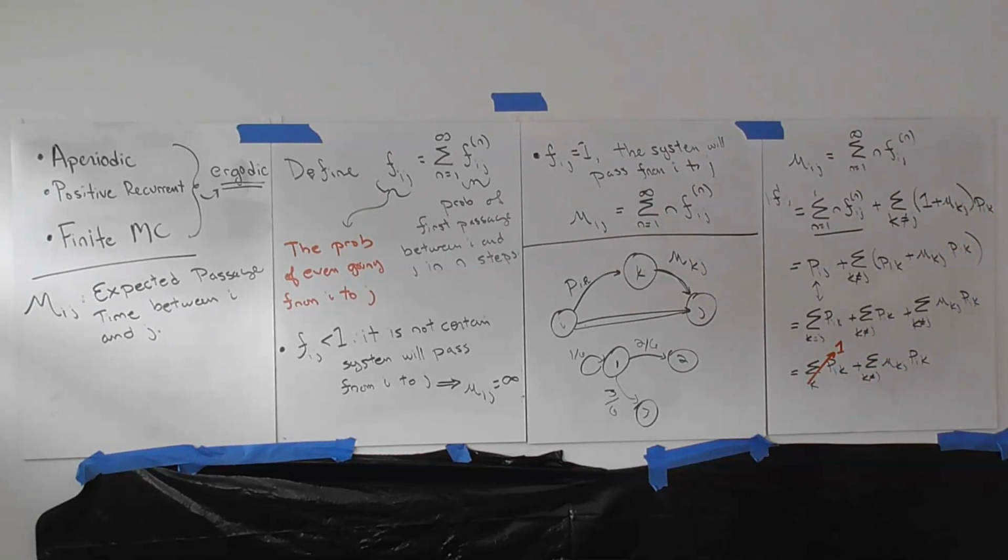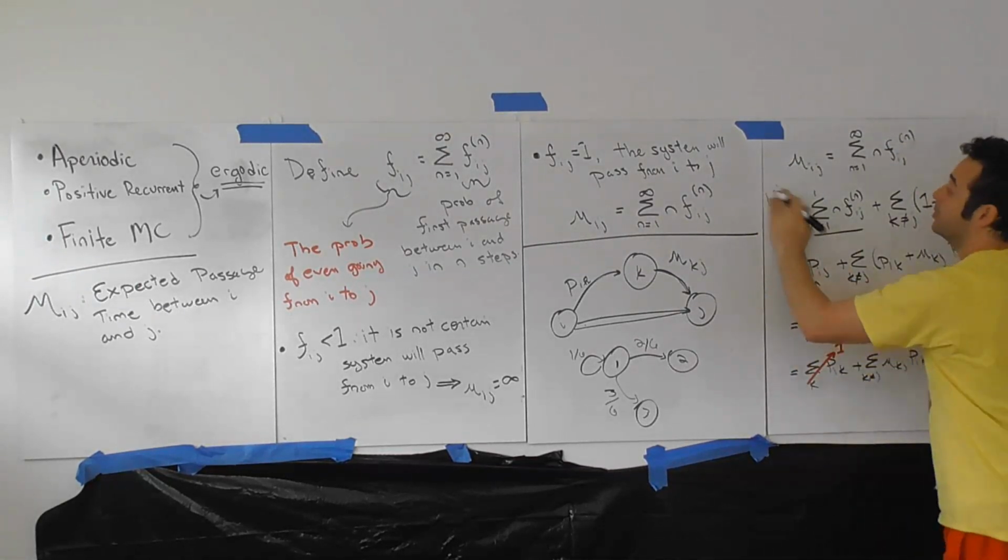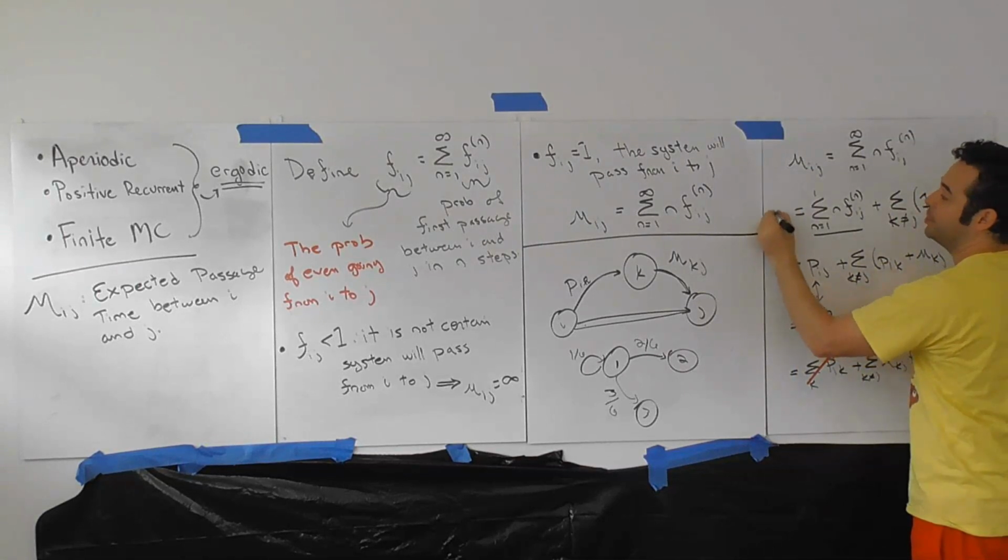So ultimately, we're left with the following equation. And again, this is all equal to mu ij.